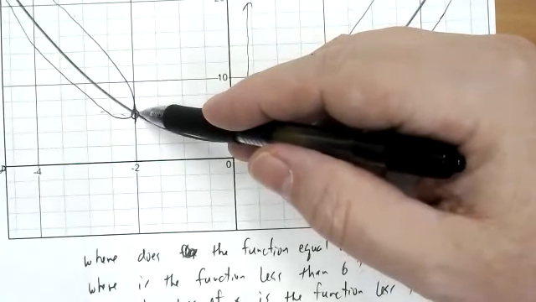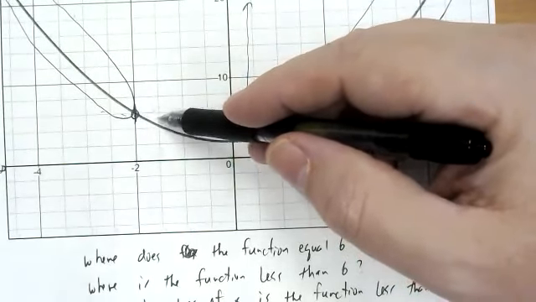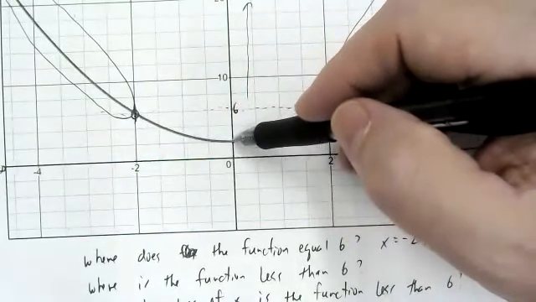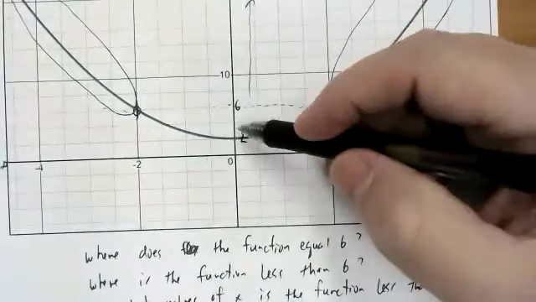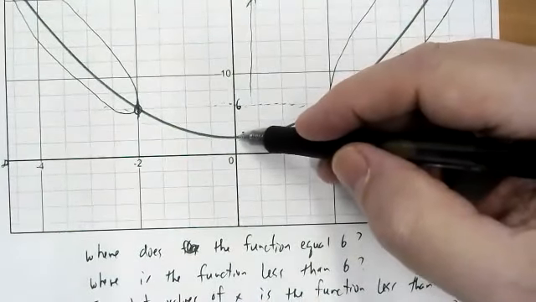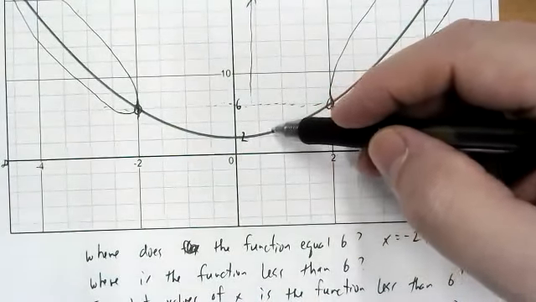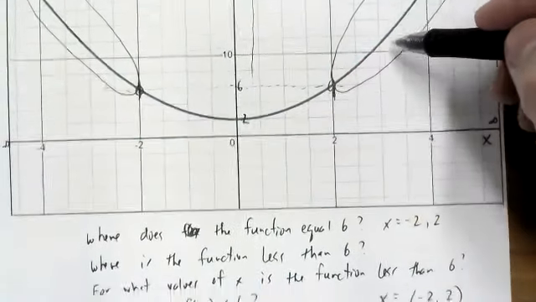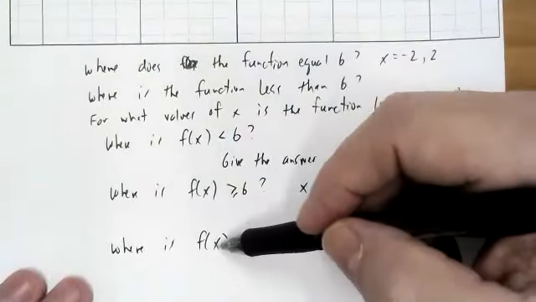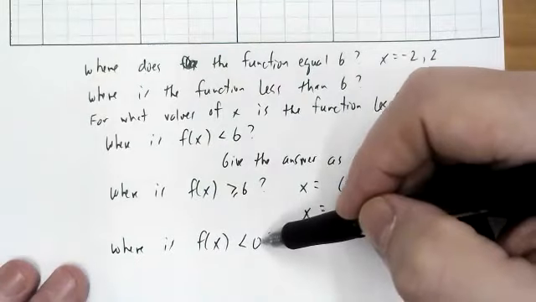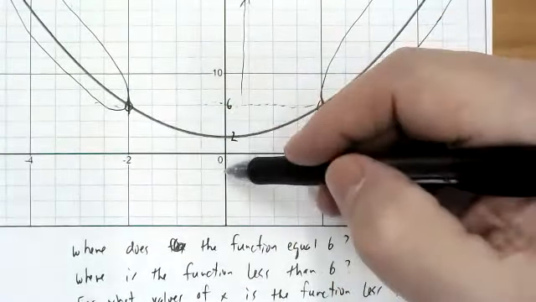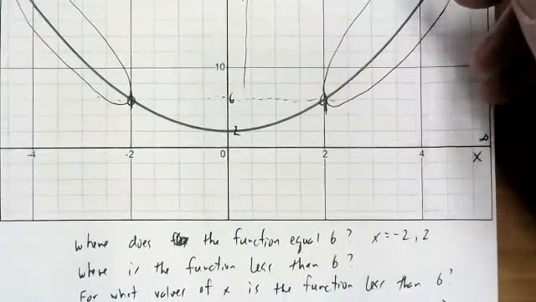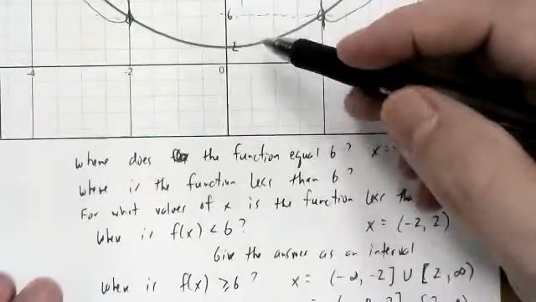It looks like my graph decreases, and my function decreases. And then it gets to here, which is like 2. It gets down to 2. But as I keep going to the right, it starts to increase again. I'm wanting to know, where is the function less than 0? I want to know the part of this graph that's less than 0. And you know what?